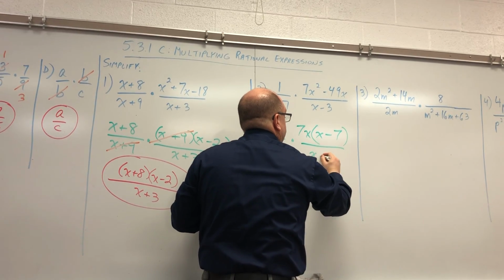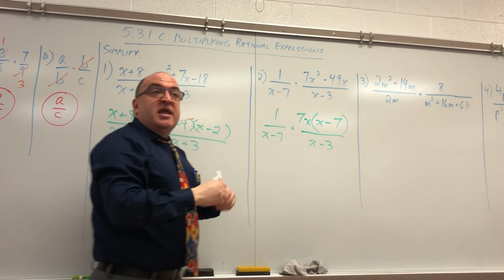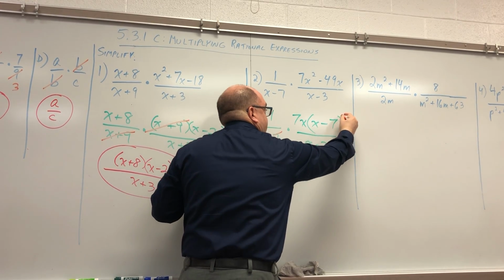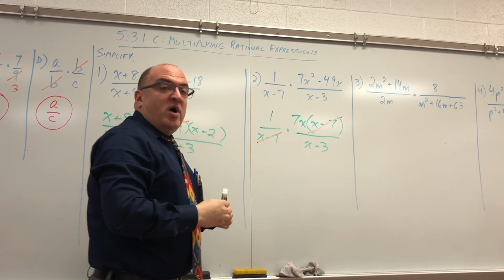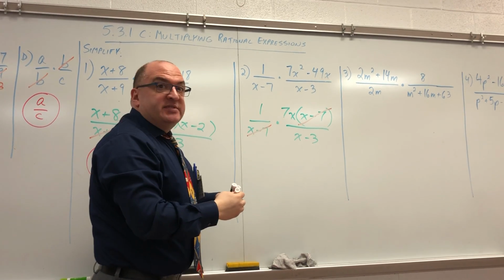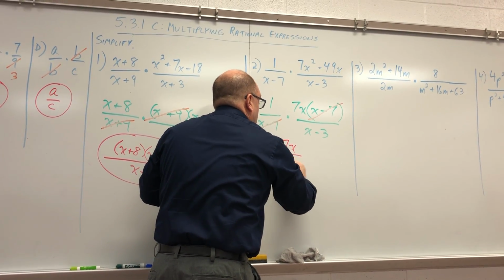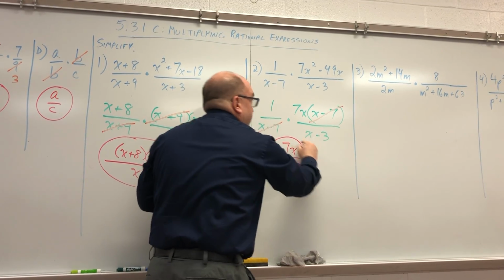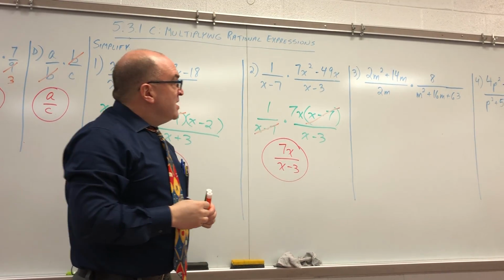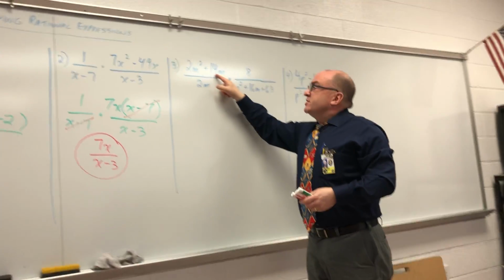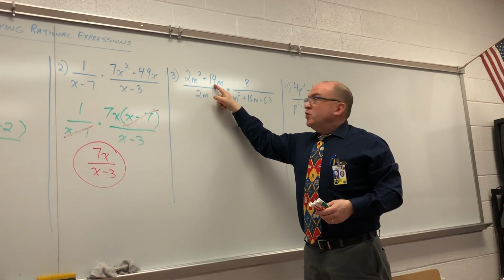Over x minus 3. What cancels? X minus 7. What's left? 1 times 7x, 7x over x minus 3. Done. Okay? Same thing here. What's common to both of these numbers? 2.